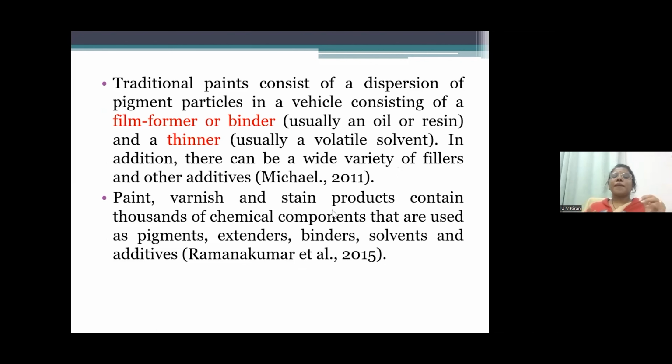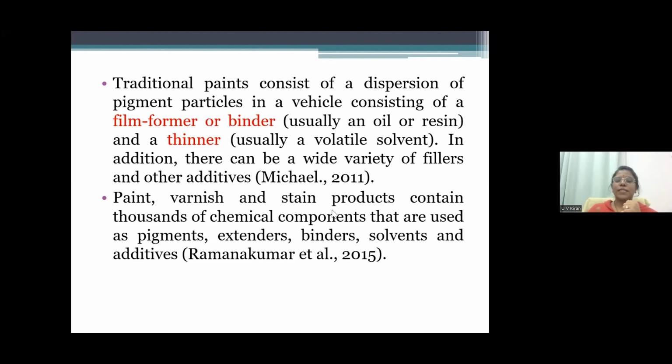When we speak about traditional paints, they especially contain a dispersion of pigment particles. It consists of a binder, a thinner, and in addition, certain additives. The film former or binder is usually an oil or resin. The thinner is usually a volatile solvent.